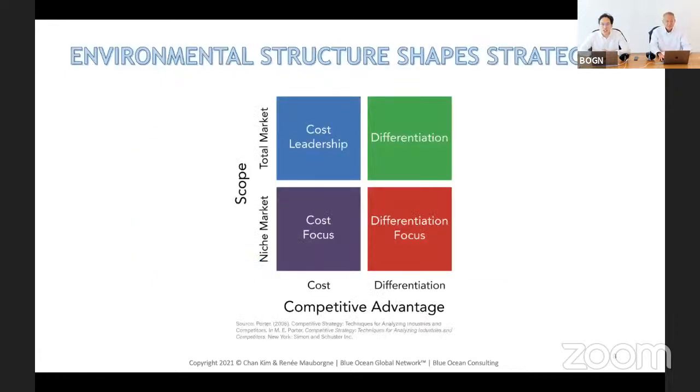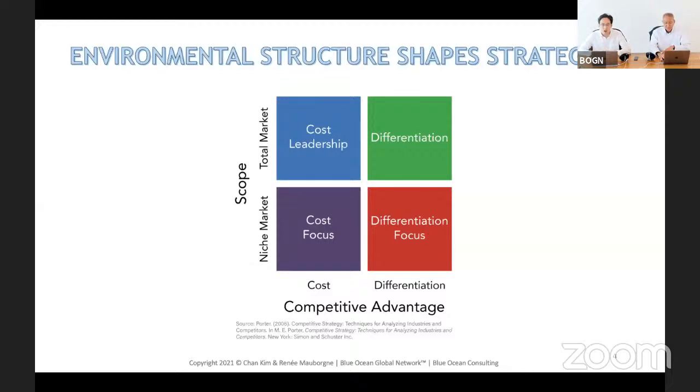So if you look at this chart here, this is a chart that some of you may be familiar with if you've studied traditional business theory, right? It was actually conceptualized by a very well-renowned business professor. His name is Michael Porter, right? So he talked about this in the 1980s.